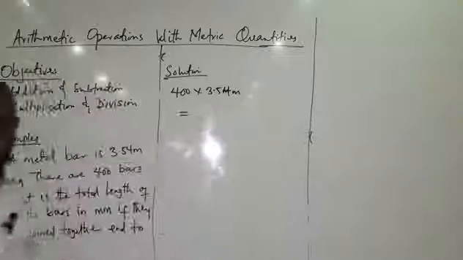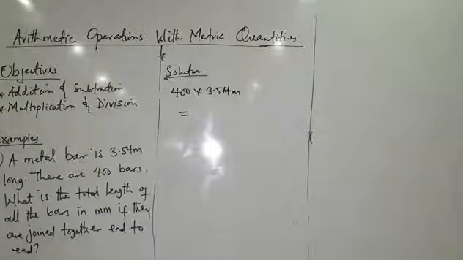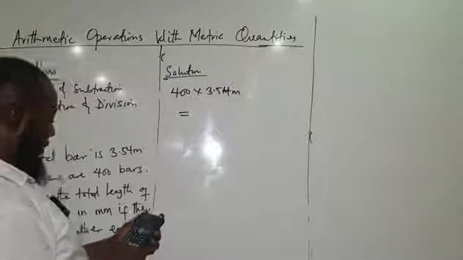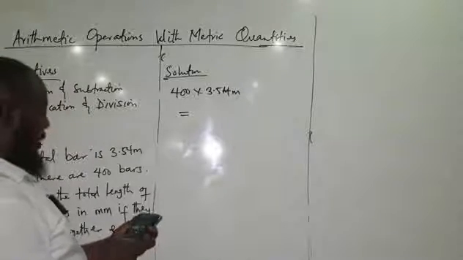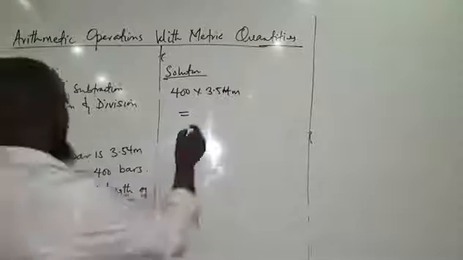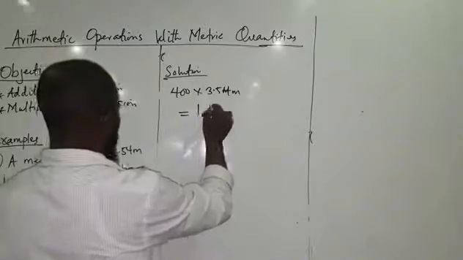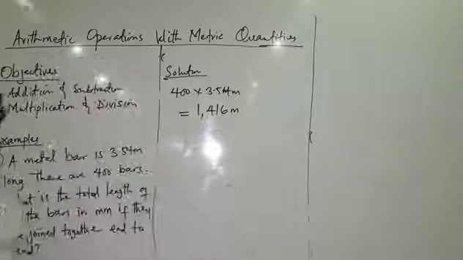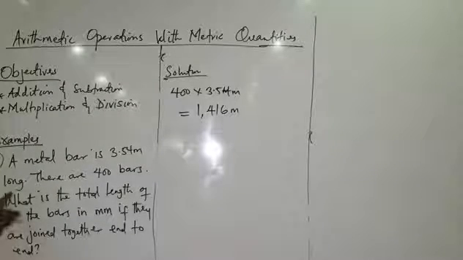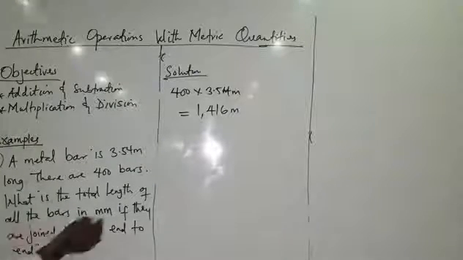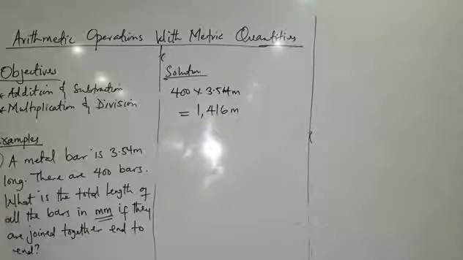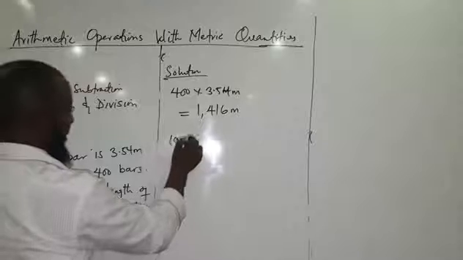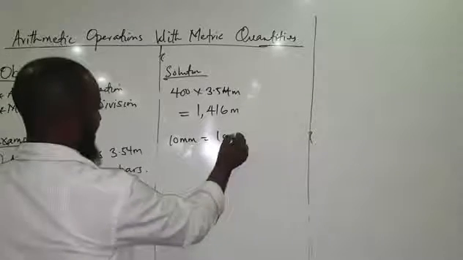So we calculate this: 400 multiplied by 3.54 gives us 1,416 meters. But the question asks for the answer in millimeters. As I've said earlier, 10 millimeters equals 1 centimeter.